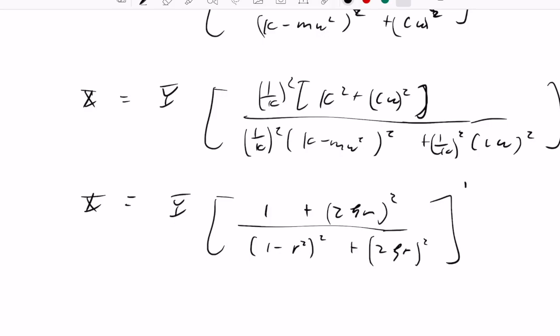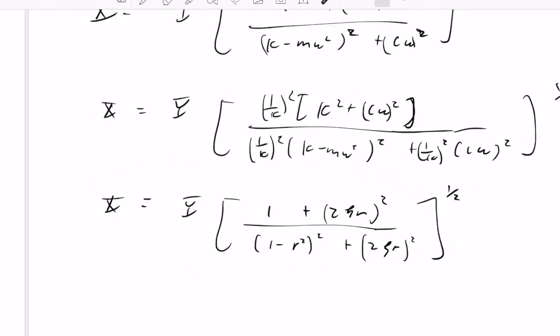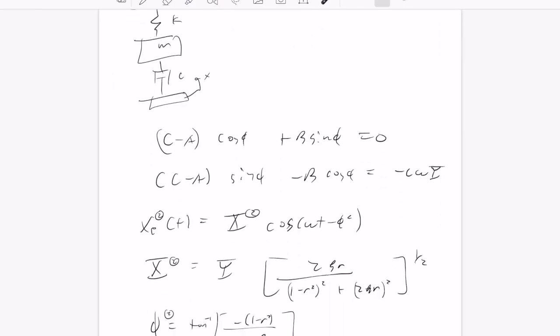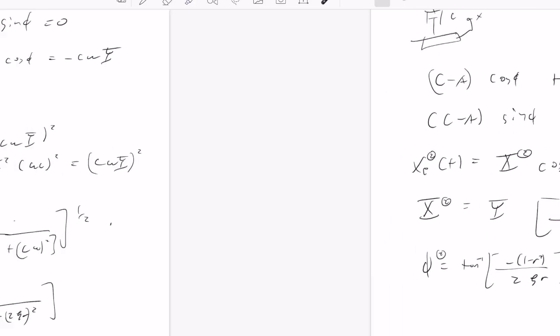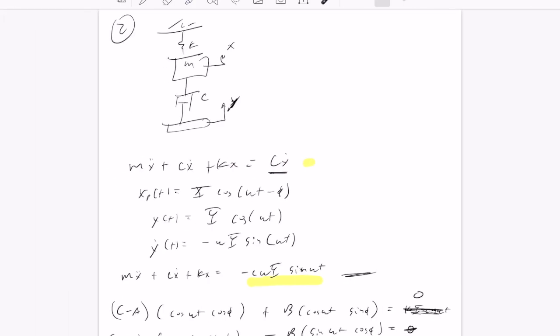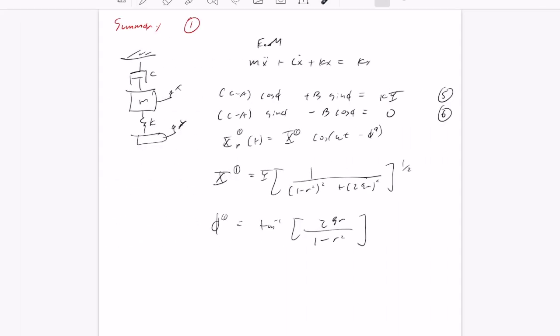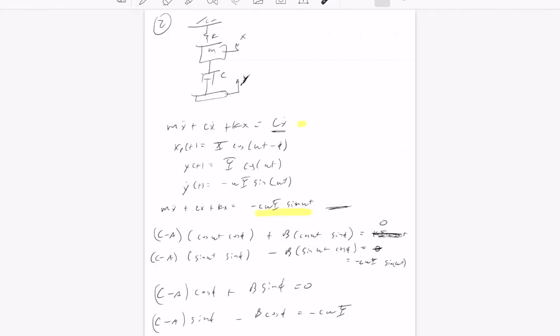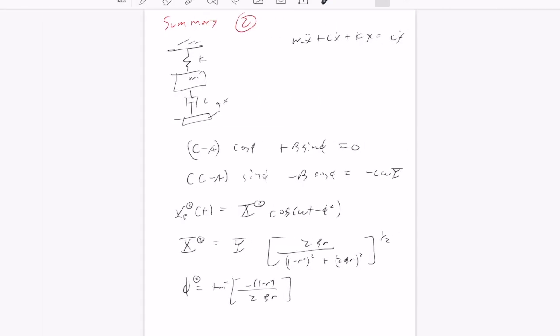Of course, I forgot to put them in the 1/2. So now we're starting to see a trend where if we looked at the summary sheet for this one, those are our terms.